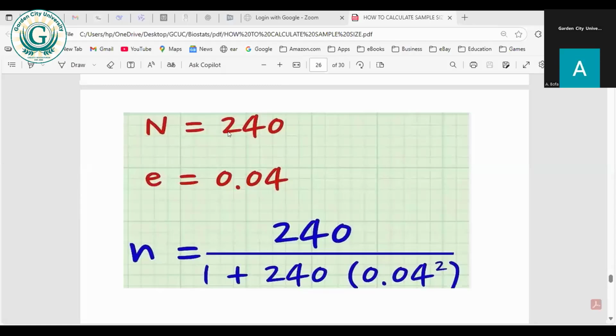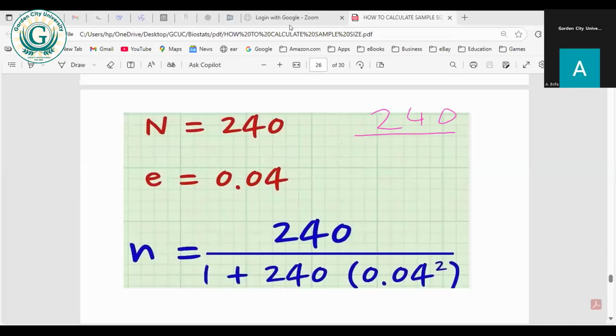Now, it's very simple. The formula is given as the population size divided by 1 plus the population size multiplied by the margin of error squared. So the first thing we need to calculate is 0.04 squared. What's the answer? So 0.0016.